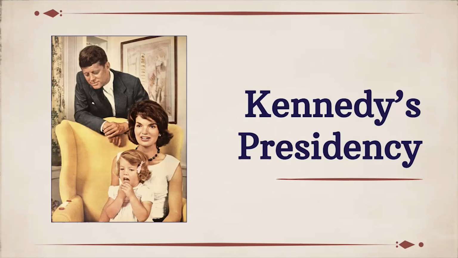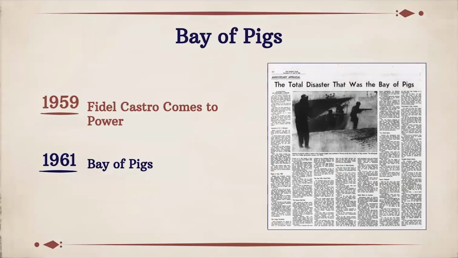But we're going to talk about some of the other things as well. So first we have the Bay of Pigs. In 1959, Fidel Castro came to power in Cuba. And while the United States initially supported the new regime, President Dwight Eisenhower and members of his administration were very concerned.